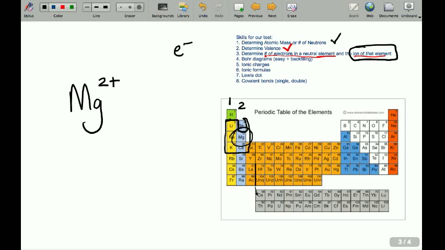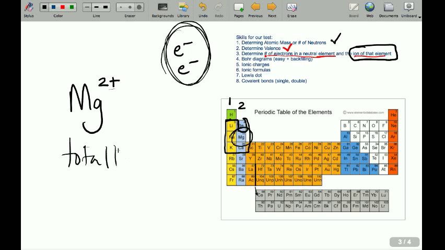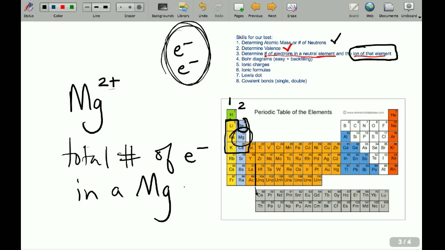And it's because, hey man, they're losing these 2. If you lose something that's more negative, you're going to get something that's more positive. So you have to know the charge, first of all. You have to know how many it's losing to know the total number of electrons in a magnesium ion.